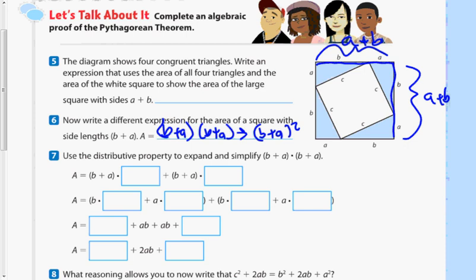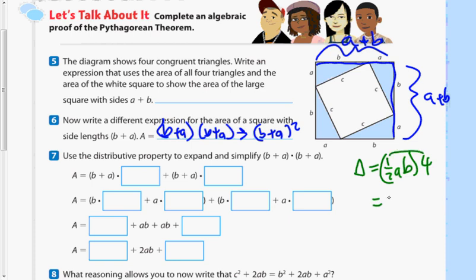The other way to find the area would be to find the area of all the individual parts. So one triangle would be 1/2 A times B. And there's 4 of those. So if you multiply this by 4, you get, well, what's 1/2 times 4?